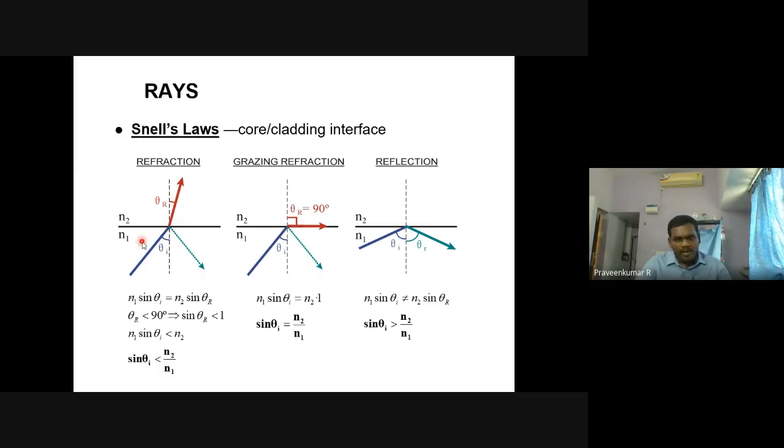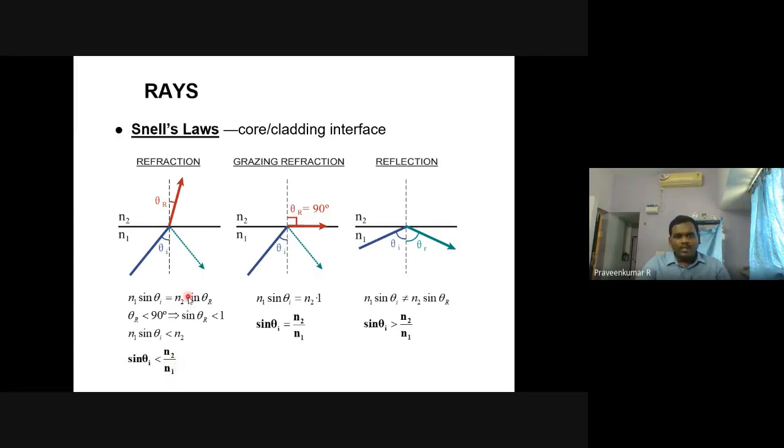So normally we have n1 and n2. If theta r is less than or equal to 90 degrees, then n1 sin theta i is less than or equal to n2. Rearranging this equation, sin theta i is less than or equal to n2 divided by n1.